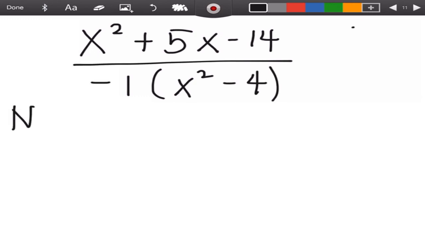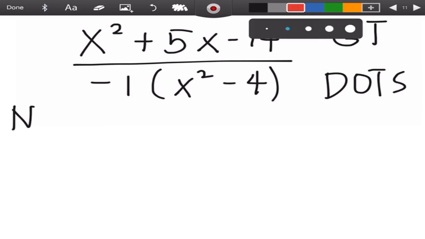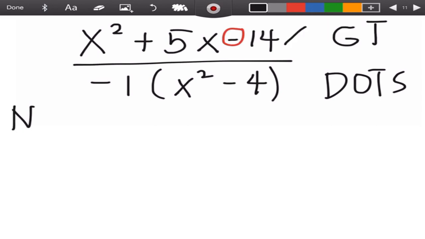The numerator can be factored using general trinomial, while in the denominator, you can use the difference of two squares. Since our third term is negative, you need to think of the factors of 14 that if you subtract them, you will get 5. So the factors of 14 are 7 and 2.